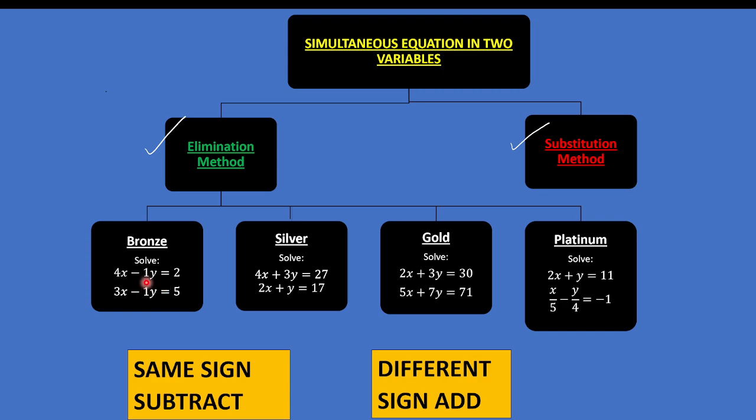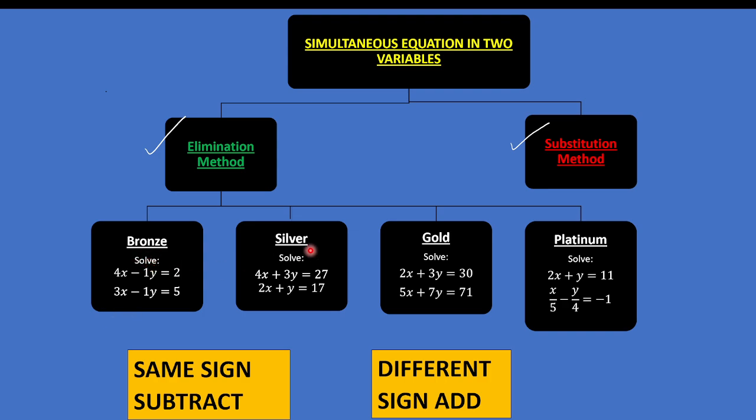The sign could vary, like here it is minus minus, it could be plus minus or minus plus, but all y terms, or maybe all x terms, should be the same, then only we are going to follow this bronze category method.